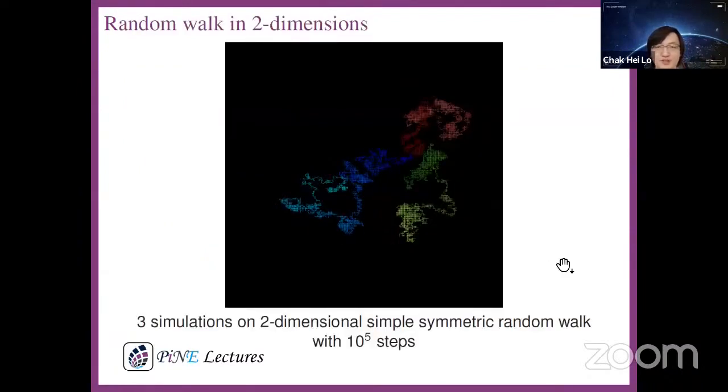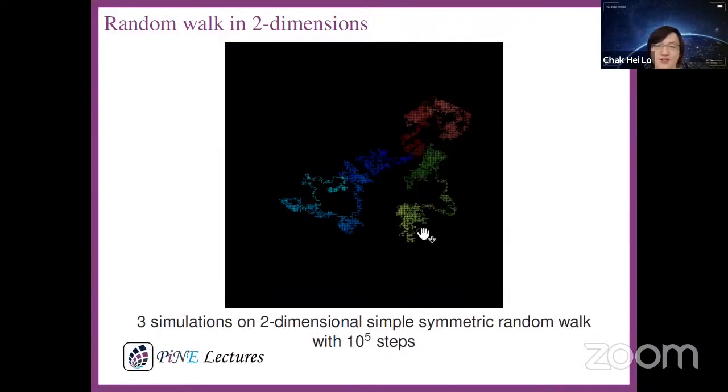Okay, so here are some simulations. These three lines, blue, red and green, are three separate trajectories of a 2-dimensional simple symmetric random walk. You see them travel from dark to a lighter color for all three colors.